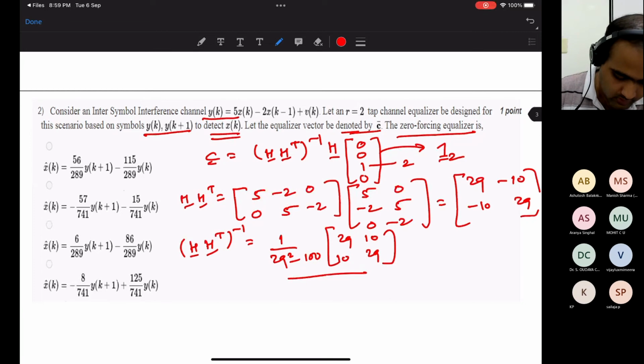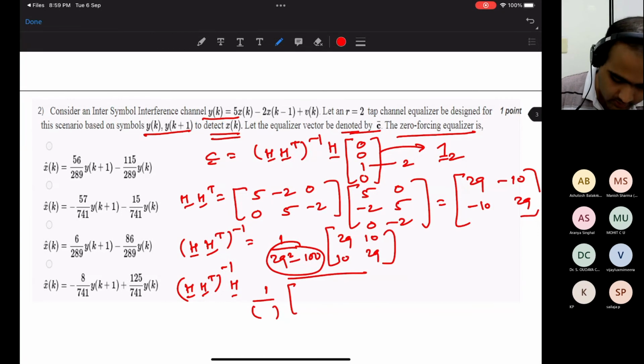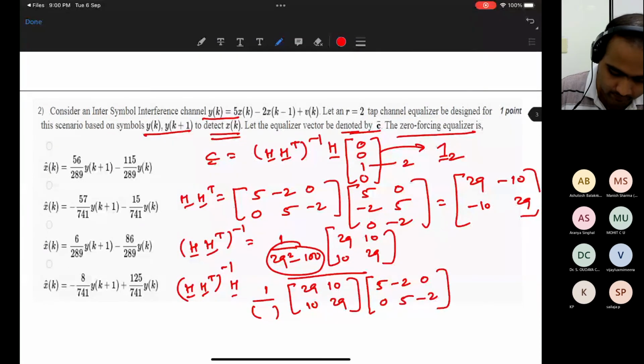Now what we have to do? Again we have to multiply this with H transpose. I have 1 by something, so let me just keep this denominator as it is. We have this 29, 10, 10, 29, and we are going to multiply it with 5 0 minus 2, 5 0 minus 2.